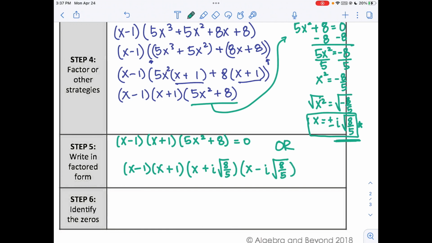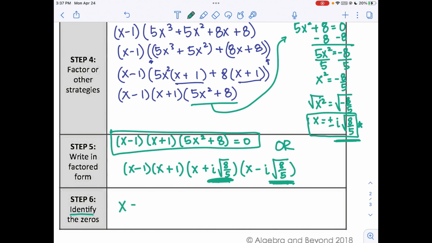You can write it like that too. I think this looks cleaner, so I'm totally okay with that one. But if it's easier for you to identify the zeros by using it this way, that's totally fine too.